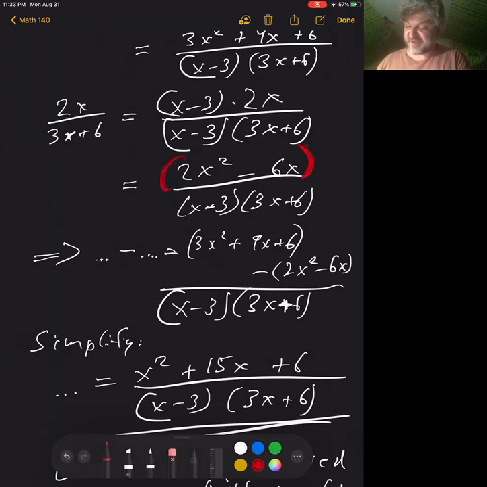So when you're subtracting the entire second fraction, if you didn't have that, then this negative sign would only apply to the 2x squared, and would not have an effect on the negative 6x. And, well, you get a wrong answer.